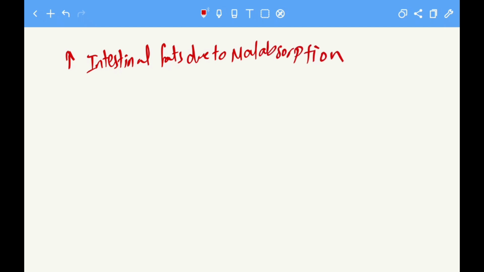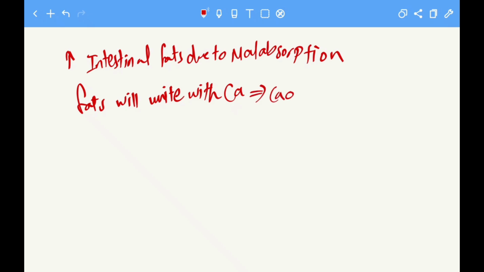Those fats will unite with calcium, leaving calcium oxalate stones. Okay, what other extra-intestinal manifestations are there?